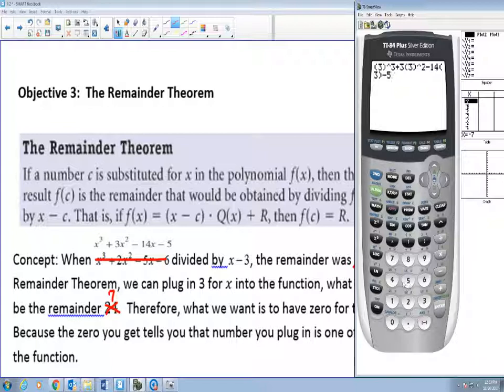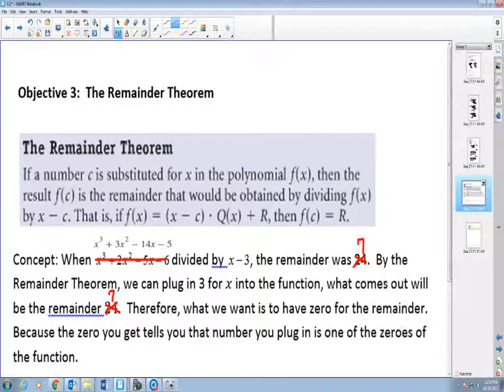Remember, when we normally plug in a number for x into the function, what comes out is the y value. So what this remainder theorem says is, when we substitute a number for x into the polynomial function, this answer also represents the remainder.